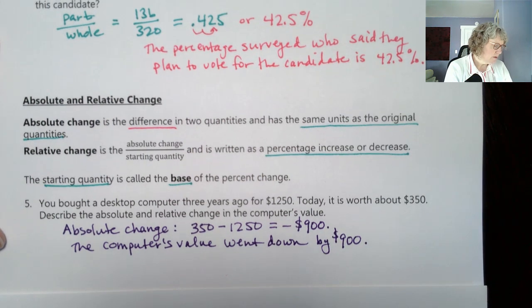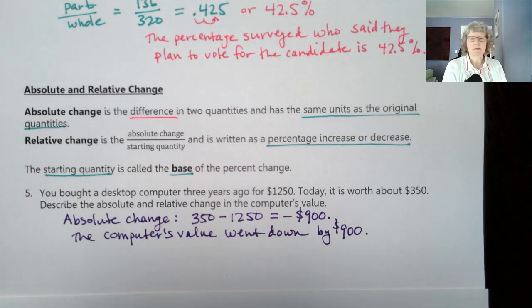The reason we like relative is, well, let's say a house value went down by $900. That's not very much, but a computer going down by $900, that's a lot. So that's why we need this idea of relative change. What were we starting with and what percentage is that? So we could compare different things, okay?